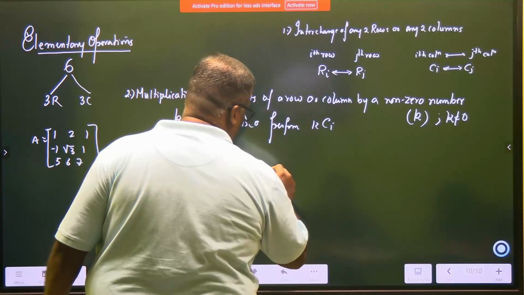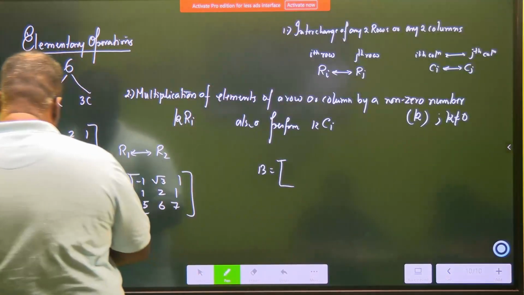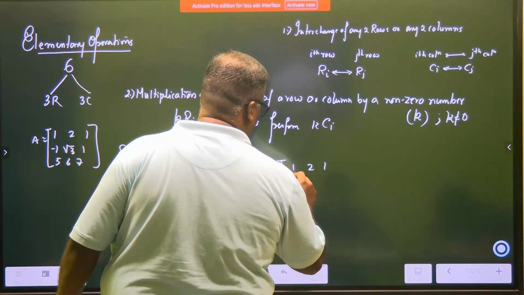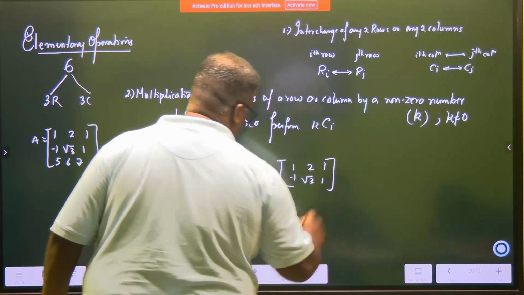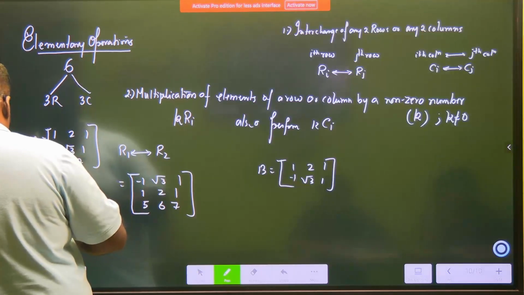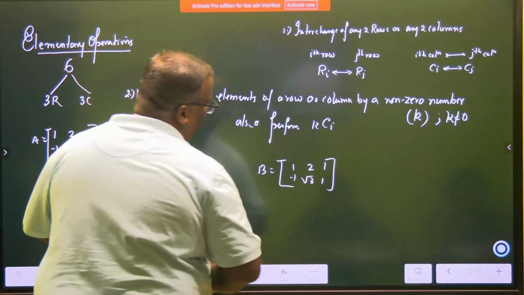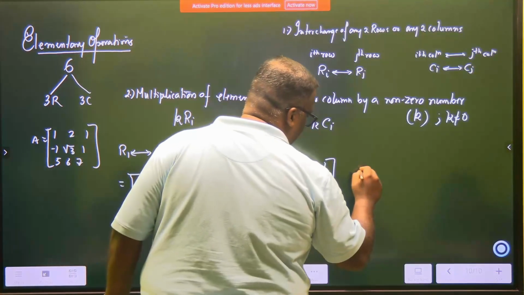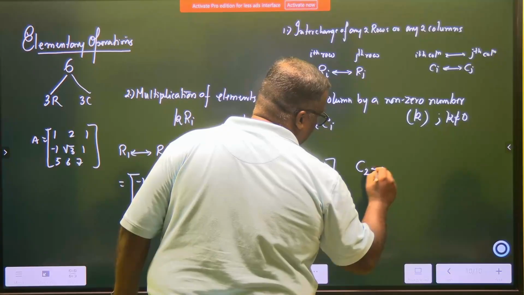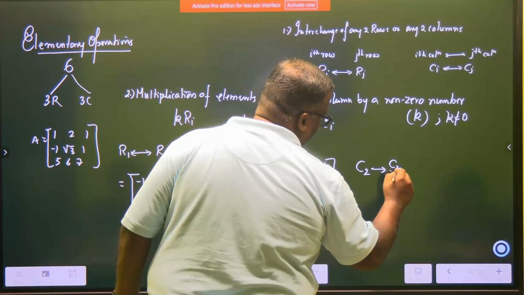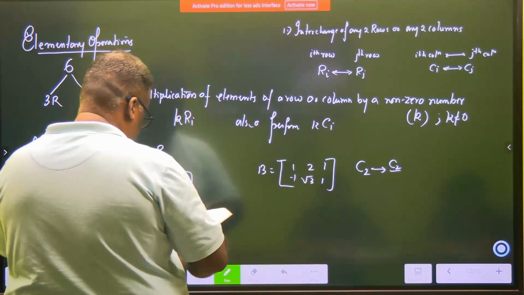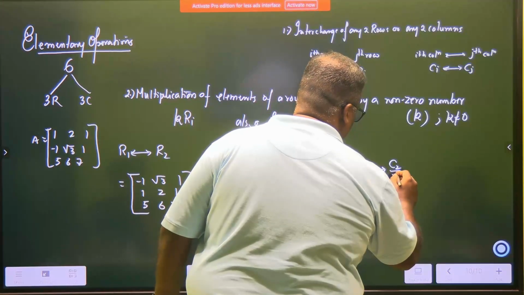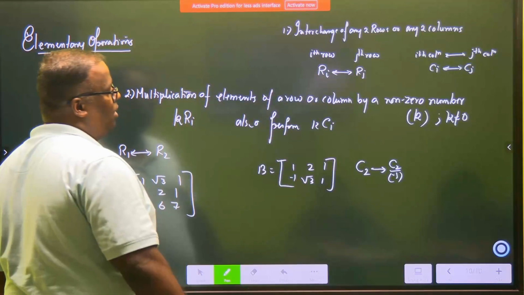Say B is a matrix which is given by 1 2 1, 1 2 1, and -1 root 3 1. That's just the first two rows. B is a matrix given by this. Now you're going to perform this one. Let my C2 be C2 divided by -1.